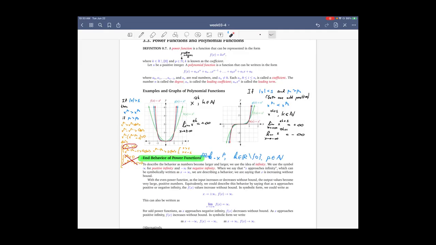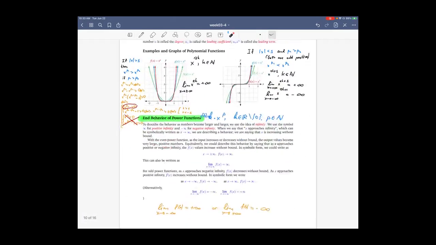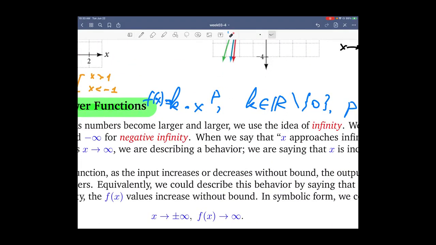Now, more generally, we have this type of diagram. The end behavior of power functions depends entirely on the sign of the coefficient k and the parity of the power p. Parity means even or odd.